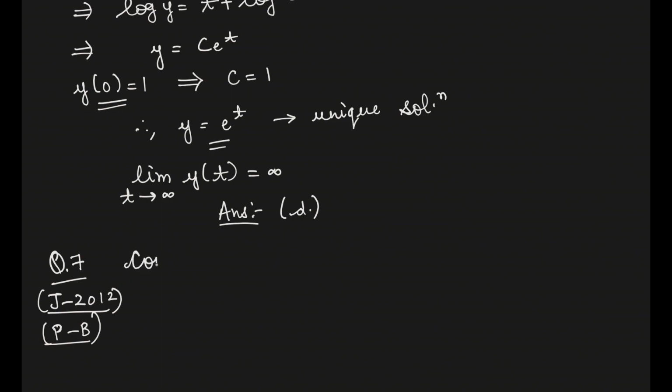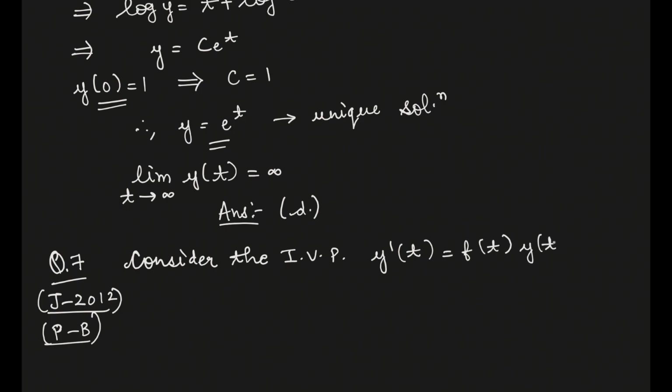Consider the initial value problem: y dash t equal to f t, y t. This question is similar to the previous question, y0 equal to 1, where f is a mapping from R to R. This is continuous.